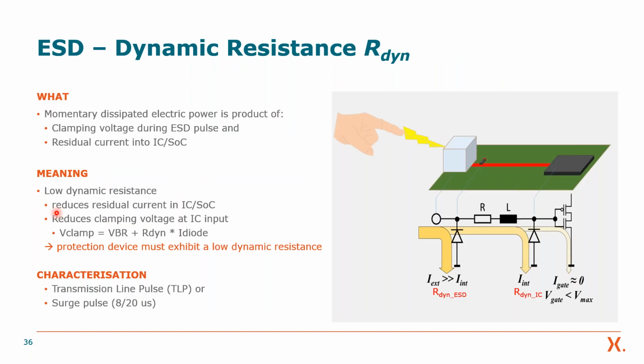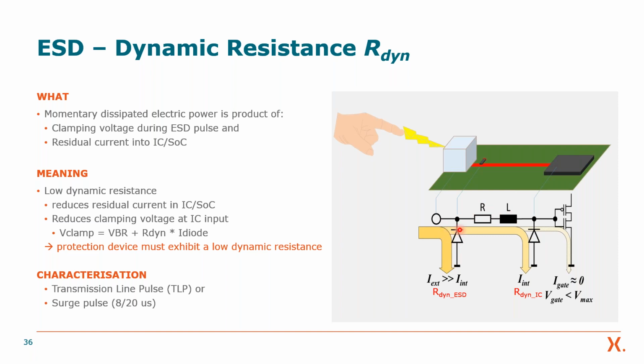The next clamping voltage is coming from the TLP. But before going to the TLP, one additional concept, the dynamic resistance. So Lucas showed you in the beginning this very simple model where you have an IC with an internal protection, you have some parasitics from the PCB, and you have your external protection.